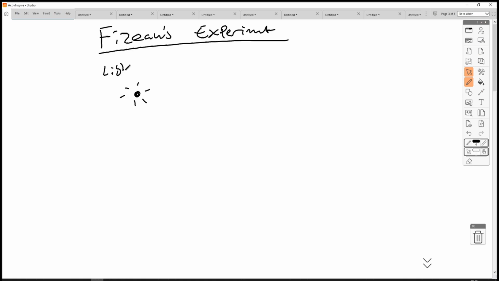So this is the light source. For example, the sun. Then he had a partially reflecting mirror, also known as a semi-silvered mirror.